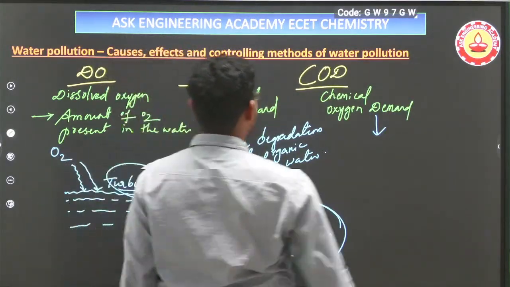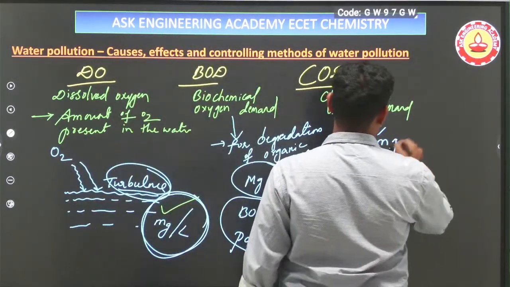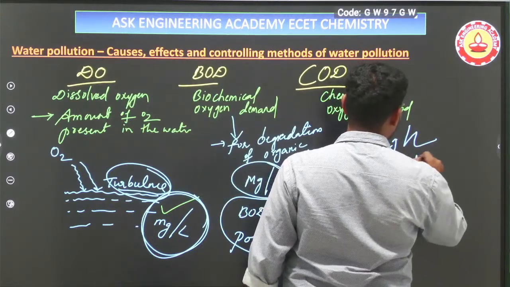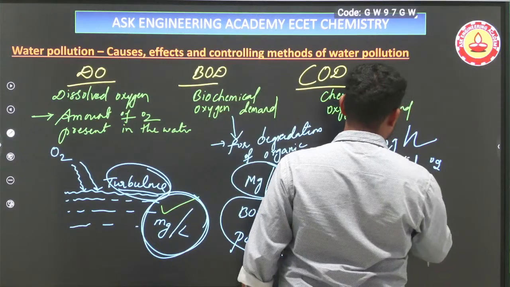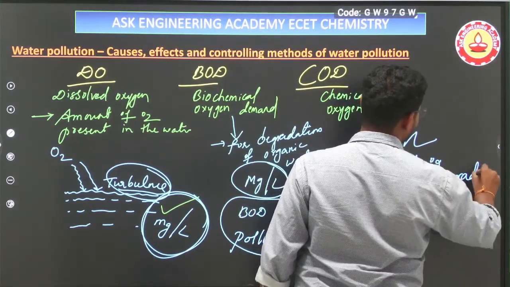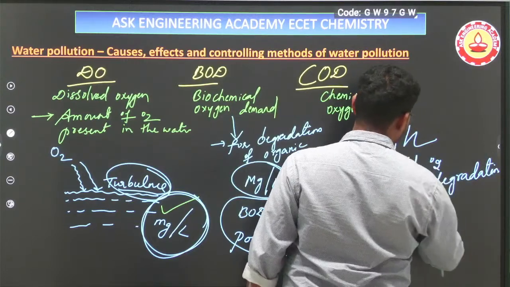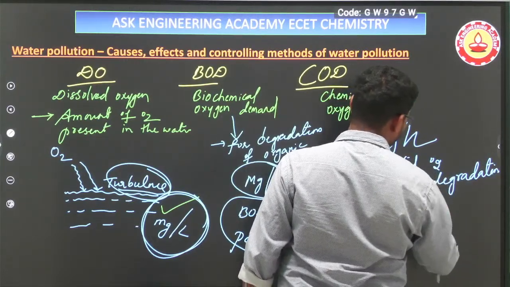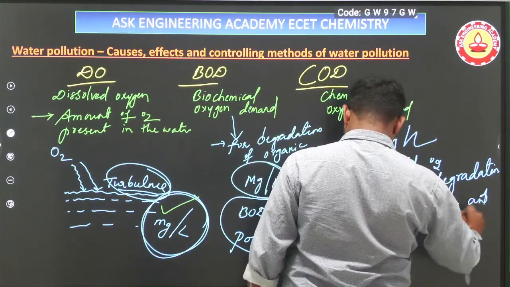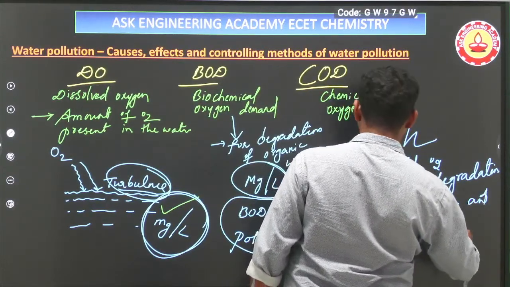So chemical oxygen demand is also measured in mg per liter. It is nothing but total O2 for degradation of both organic and inorganic matter.